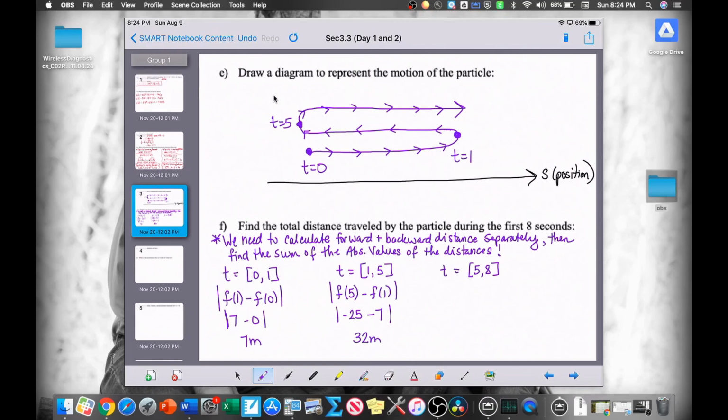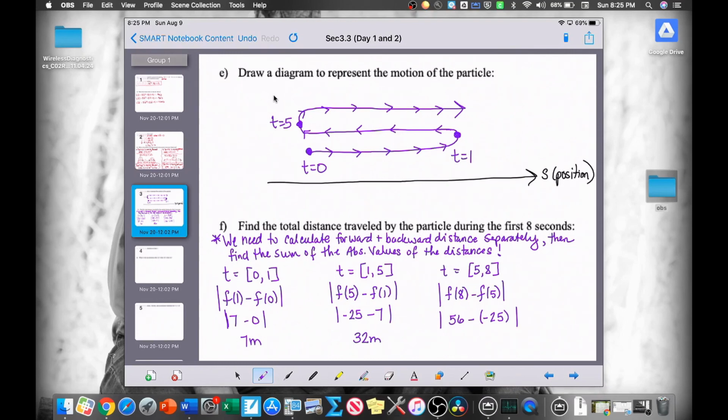And then finally, from 5 to 8, we have to do f of 8 minus f of 5, which f of 8 is 56, and f of 5 is negative 25. So 56 minus negative 25, because we started in the negatives and then we went positive back to 0 and then positive some more.